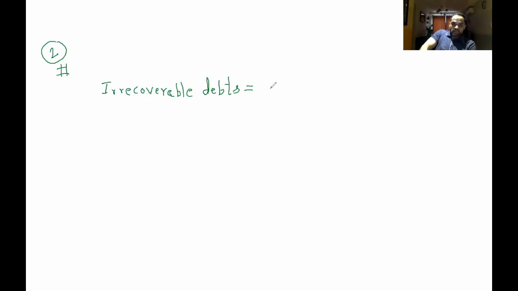In simple words, never paid by receivables, right? These kinds of debts or irrecoverables are never paid. So in other words, you can also call them bad debts.